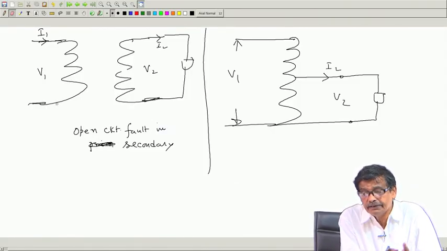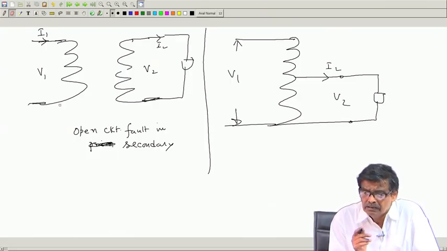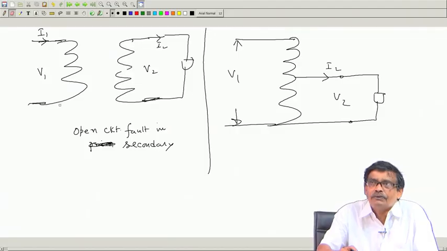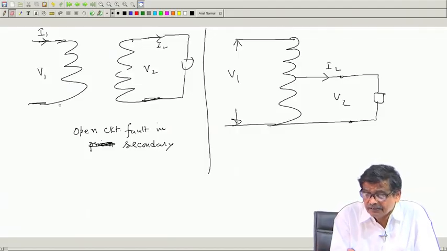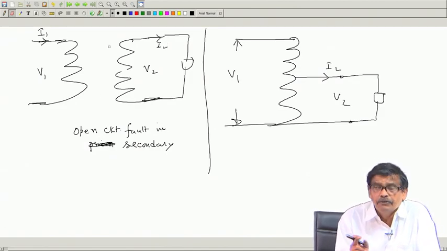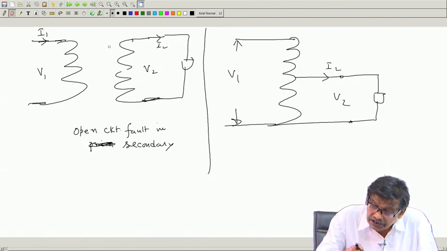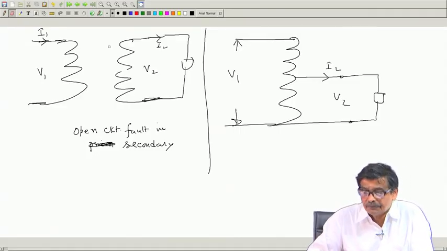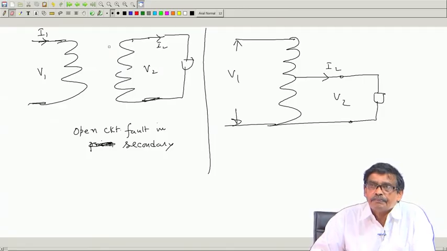Primary remains energized. Will I get any voltage between these 2 points? No, because the moment it becomes open circuit, current will vanish, current cannot flow, but there will be voltage induced in this portion and in this portion, but voltage between these 2 points will be 0, as there is no current flowing.